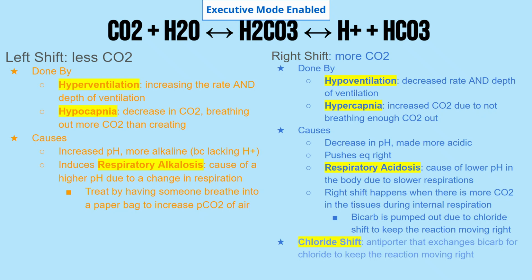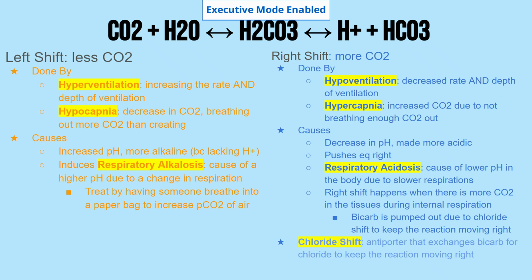If you have less CO2, then you're going to do a left shift because you're cutting out something you need on that side of the equation, so it's going to move towards the left. And that leads to respiratory alkalosis, which leads to a higher pH. To treat this, you can have someone breathe into a paper bag to increase the amount of CO2 they're breathing in, to try to help move the equation more towards the right.